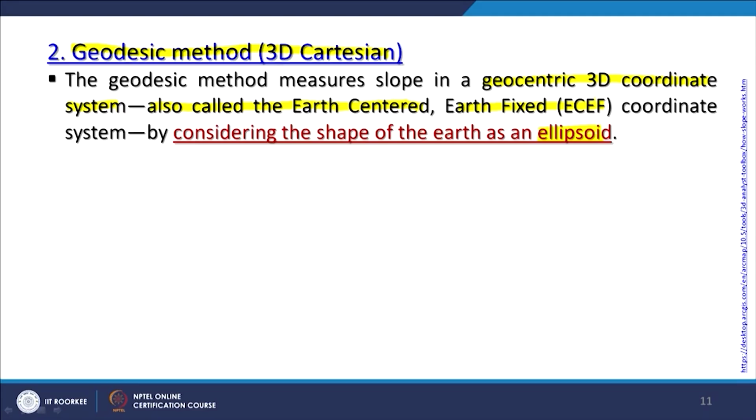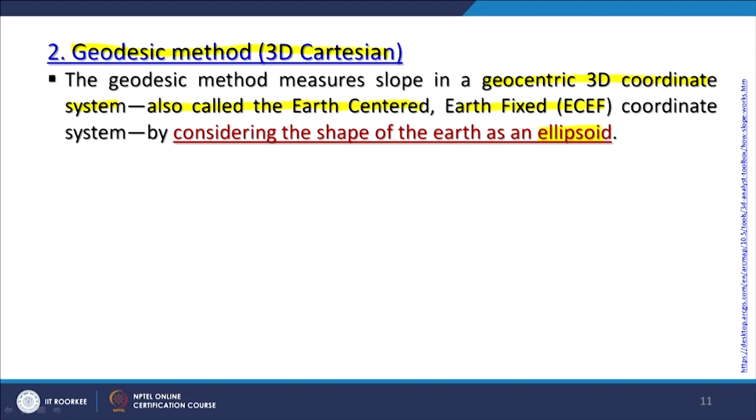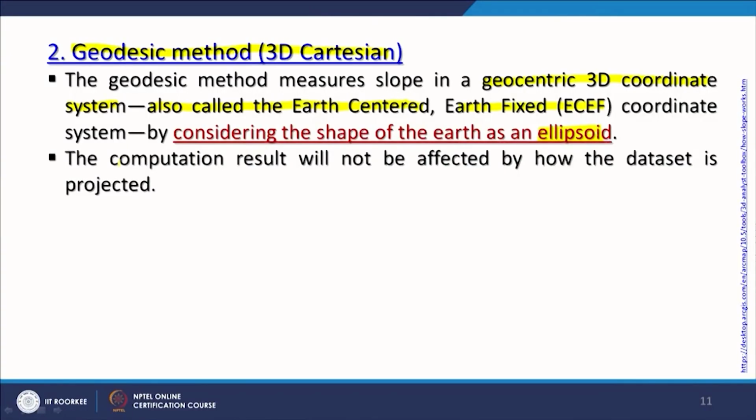This concept is also valid in navigation systems like GPS, BeiDou, NavIC of India, Galileo or GLONASS. There also different ellipsoids are used. Not all navigation systems use the same ellipsoid; they use different concepts. But GPS, for example, uses this ECEF concept, that is the earth-centered, earth-fixed coordinate system, because there the 3D Cartesian coordinate system is required.